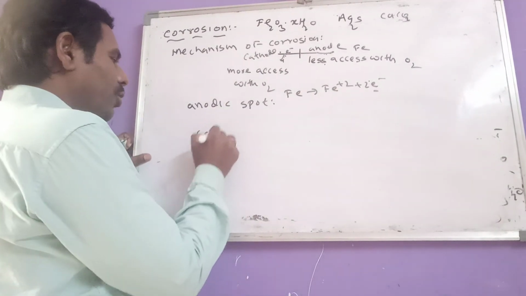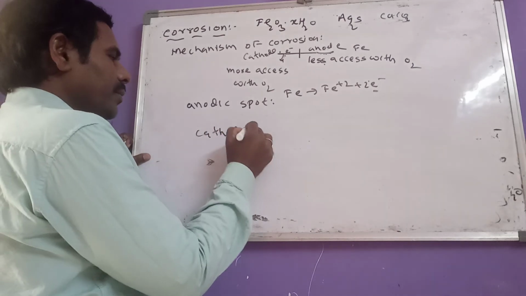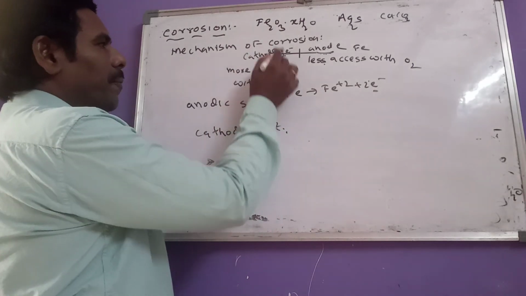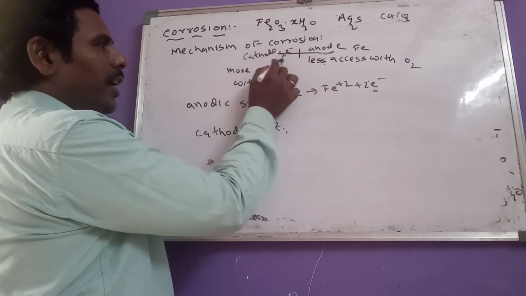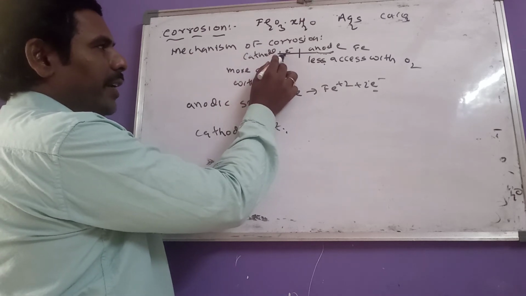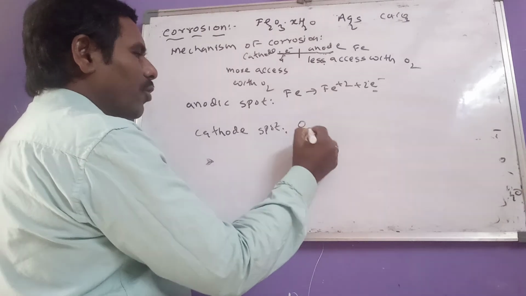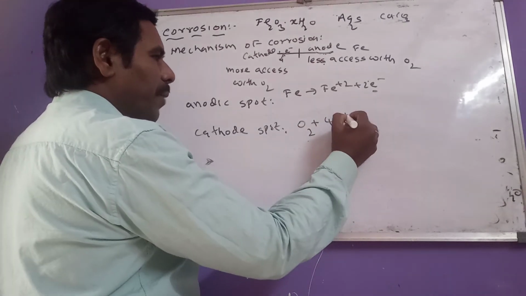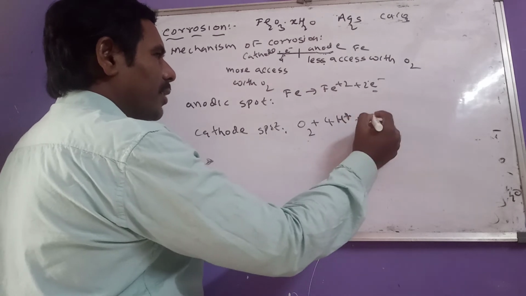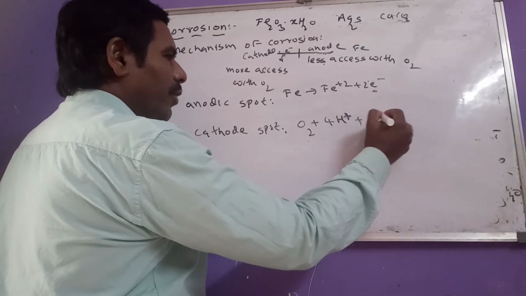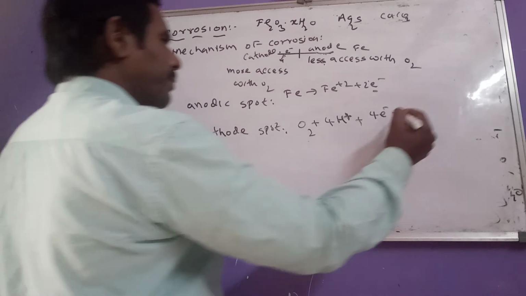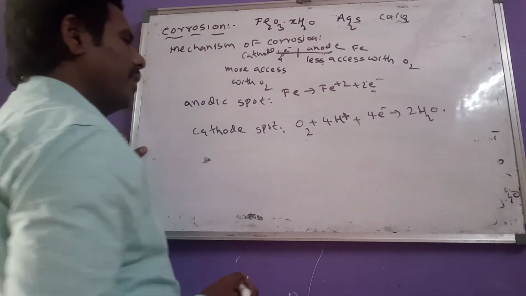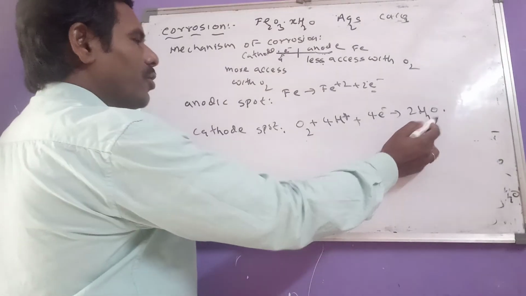So at the cathodic spot, oxygen present in that environment comes in contact with this iron rod and undergoes reduction using H plus ions, using the protons. Now what can we get here? 2H2O.